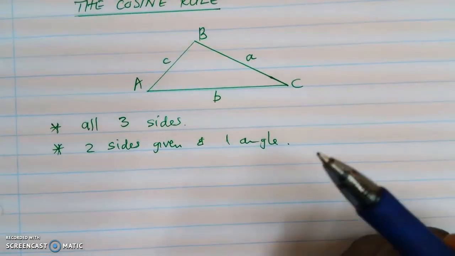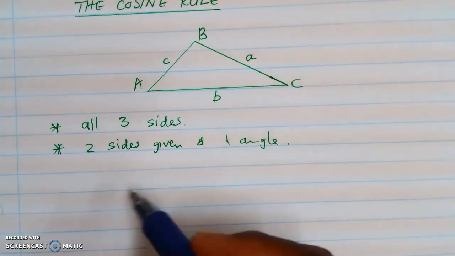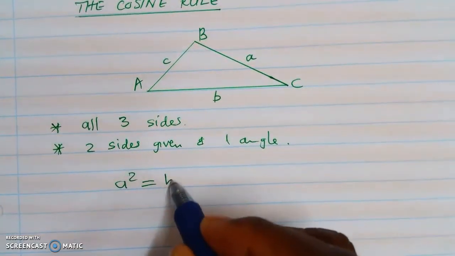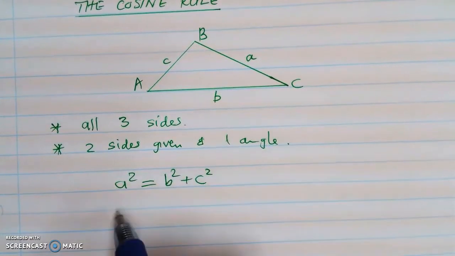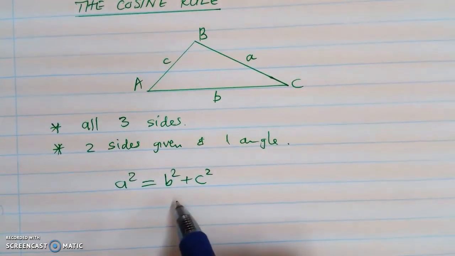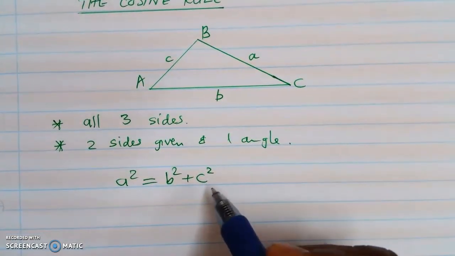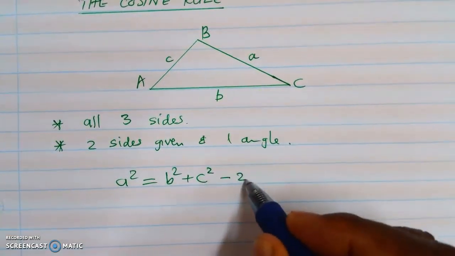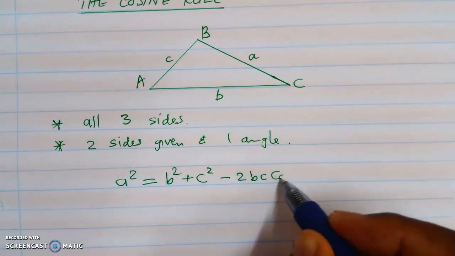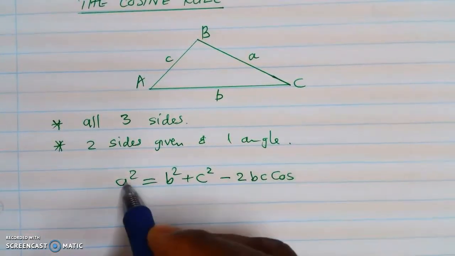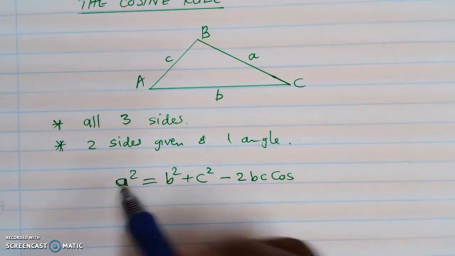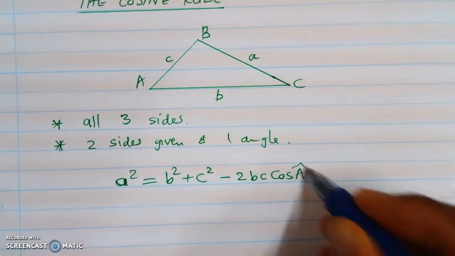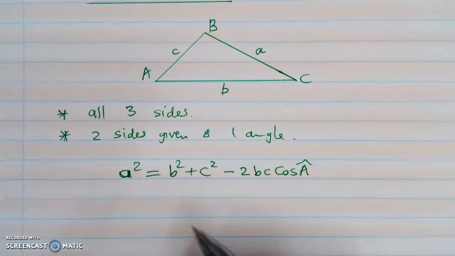Now, what's the cosine rule? The cosine rule states that a squared is equal to b squared plus c squared. That looks like the Pythagoras theorem, but we don't have 90 degrees. So we continue: minus 2bc cos A, the angle facing the length a.